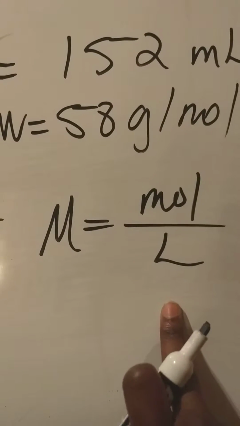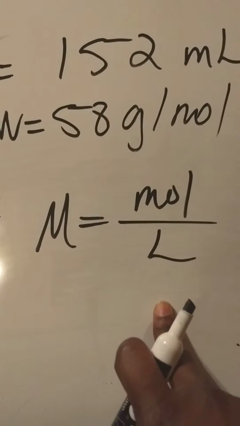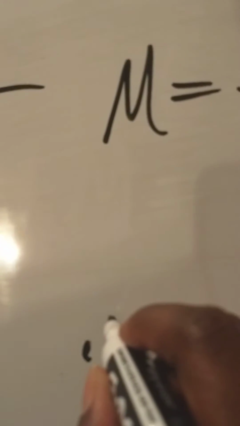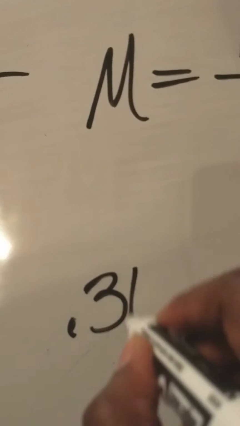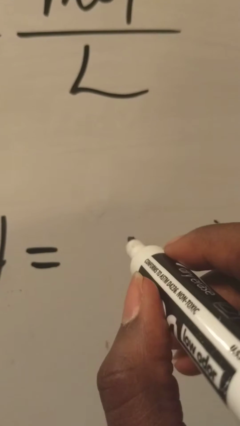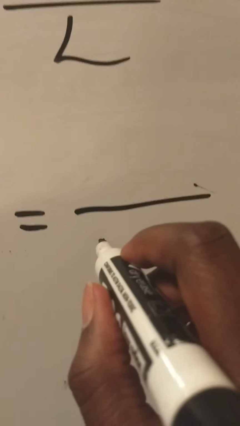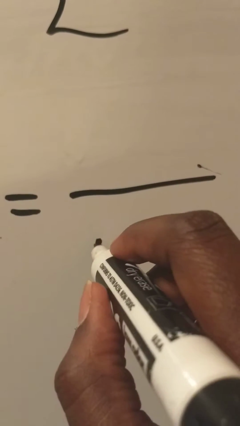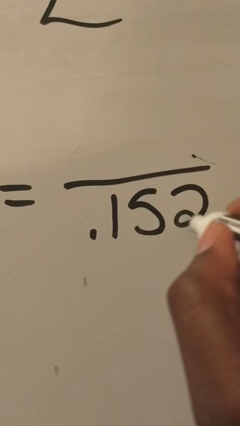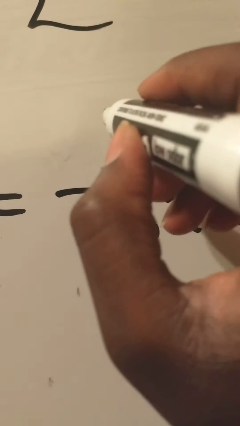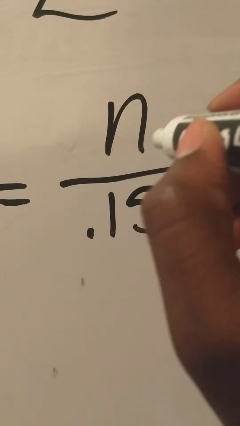So we have 0.364 molarity is equal to moles over 0.152 liters.